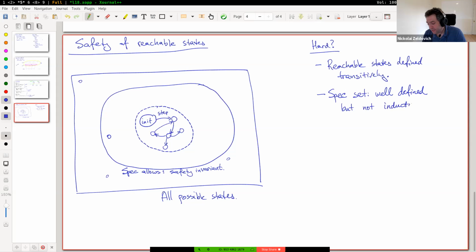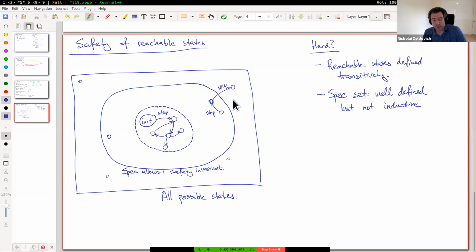And this is the big deal that the paper makes about invariance, that there might be states inside of this safety bubble that by themselves satisfy the rule, like no two guys hold the same lock. But if you just blindly pick that state and you start running from there, maybe things will go fine. Maybe you'll make some step transition and go to another state that's also safe, or maybe you'll take a step and you go to a bad state.